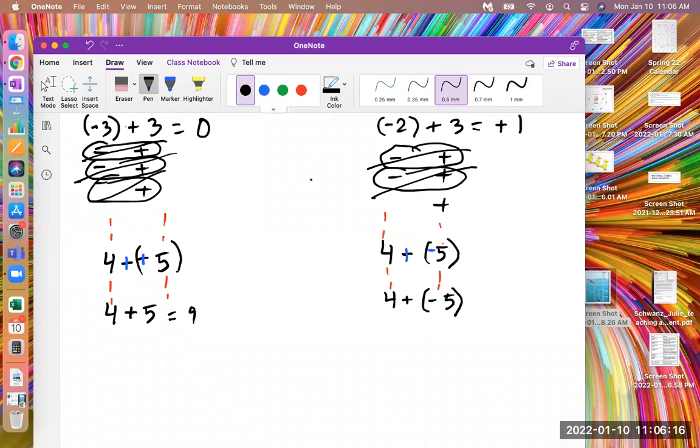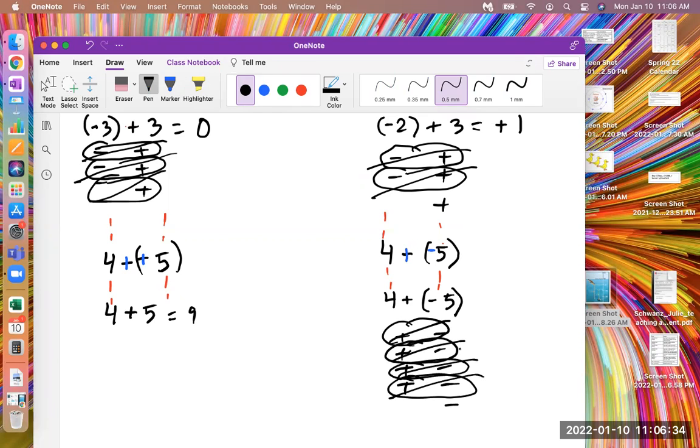And so then you would do this one exactly like you did the addition above. 1, 2, 3, 4, 5. 1, 2, 3, and 4. Okay, so that is adding integers and subtracting integers.